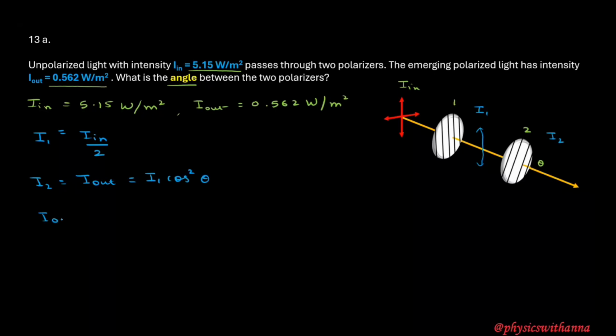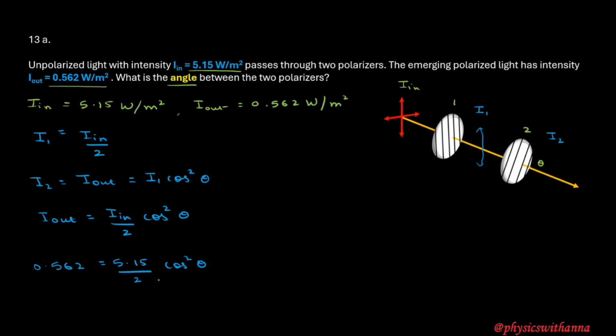So we can write I out equals I in by 2 cosine square theta. I out is 0.562, I in is 5.15, over 2 cosine square theta.